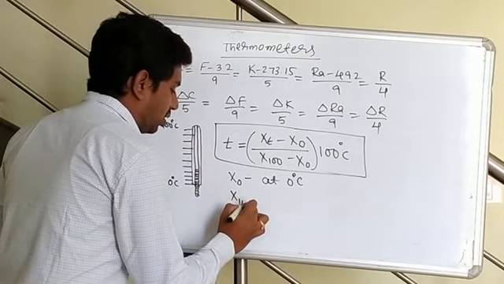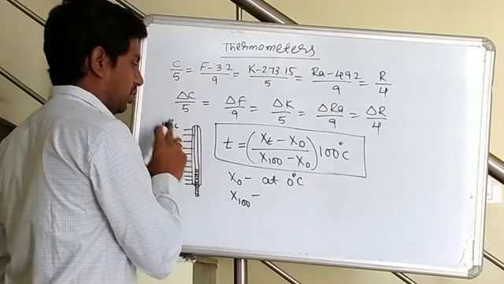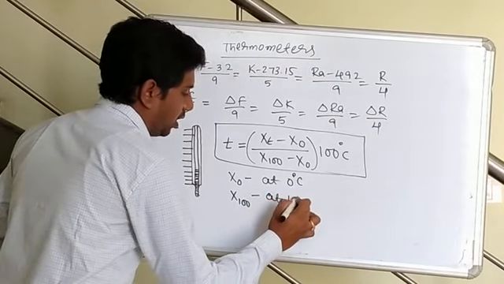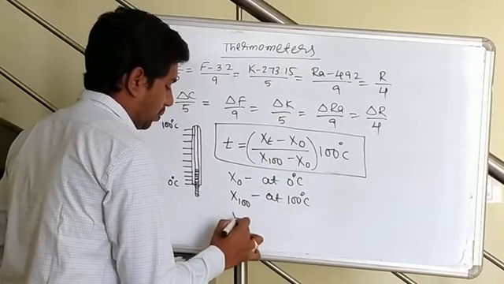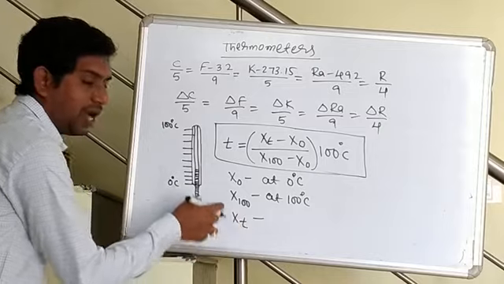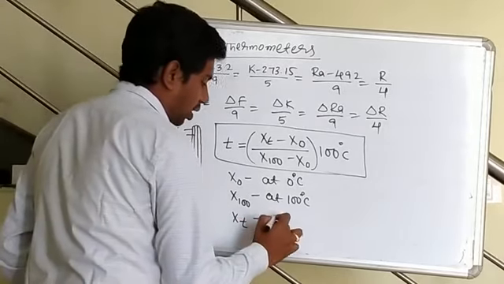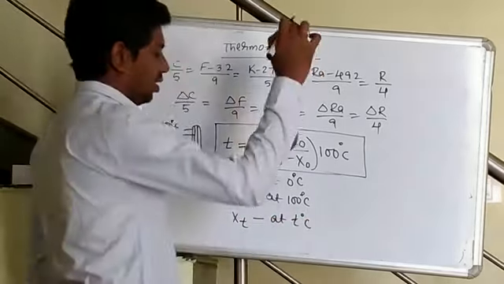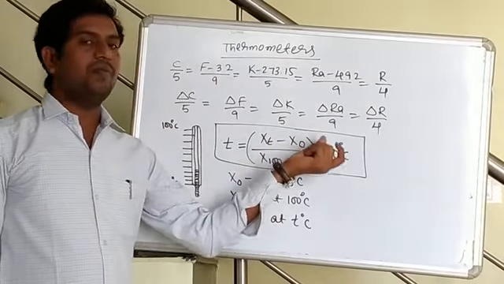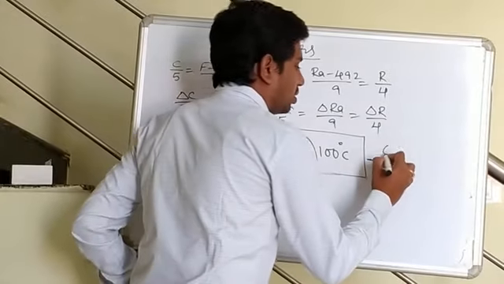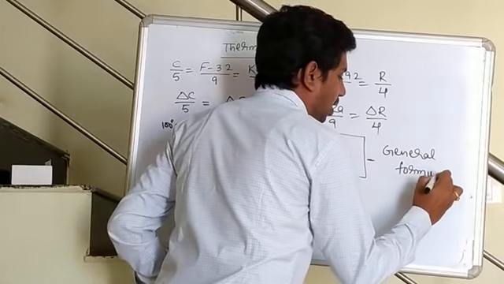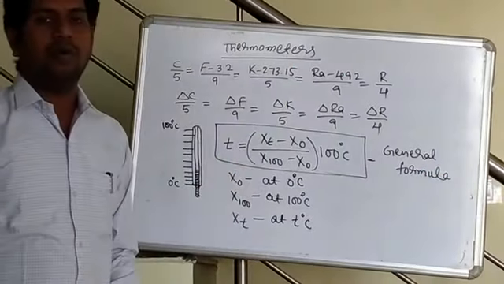And when the temperature is increased to 100 degrees Celsius, it is the length of mercury column at 100 degrees Celsius, or any parameter. Suppose at one particular temperature, the length of mercury column or any other parameter is xt. So this is at T degrees Celsius, so T can be measured using this formula. We can say this is the general formula for measuring the temperature using a thermometer.